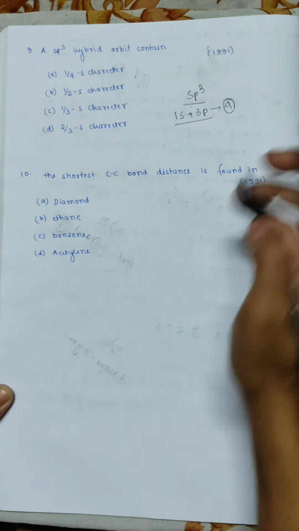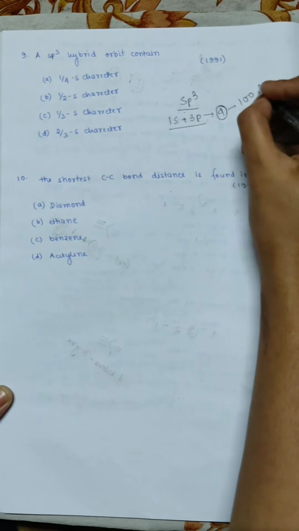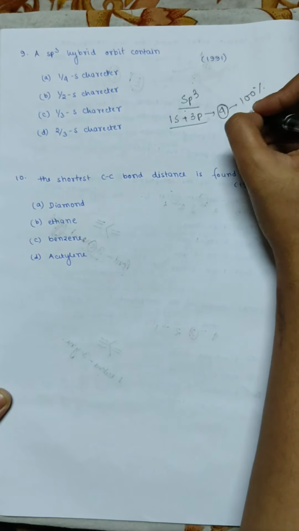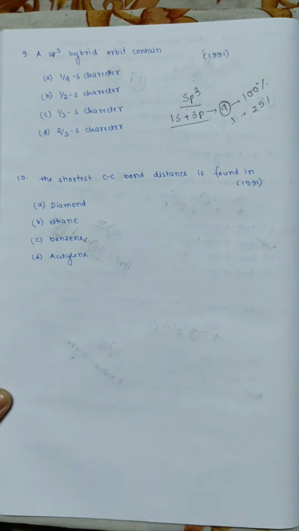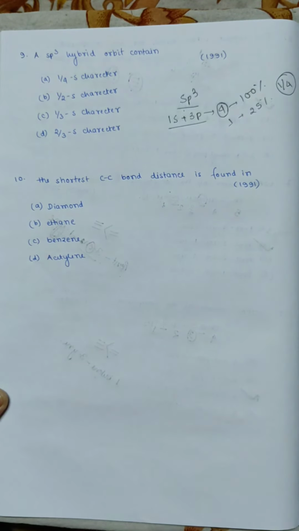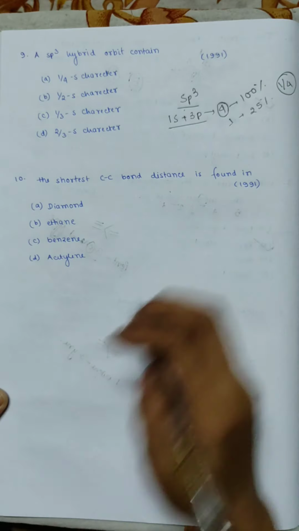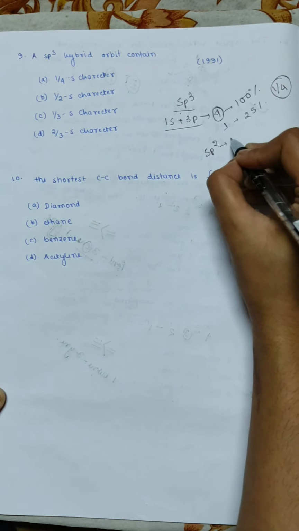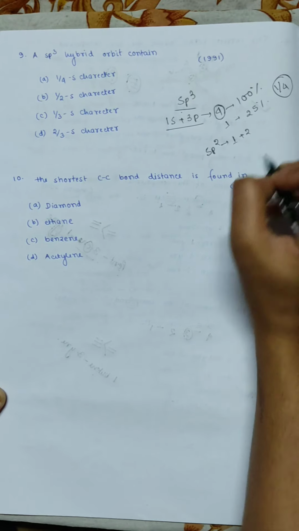These 4 orbitals contain 100%. So one orbital will contain 25%, which is 1/4 of 100%.